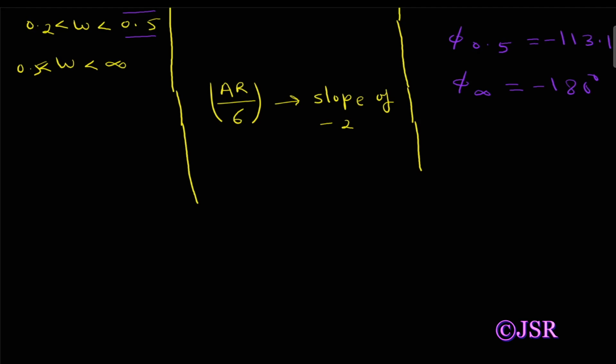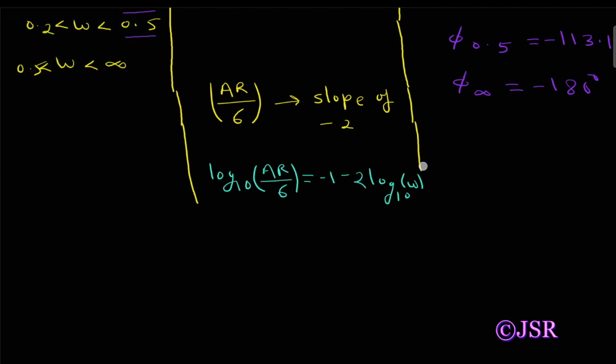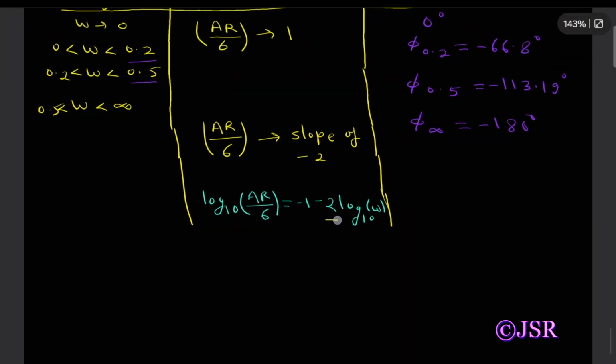So log 10 AR by K is given as minus 1 minus 2 log 10 omega. So this is the equation of the high frequency asymptote line. So here the slope is minus 2.